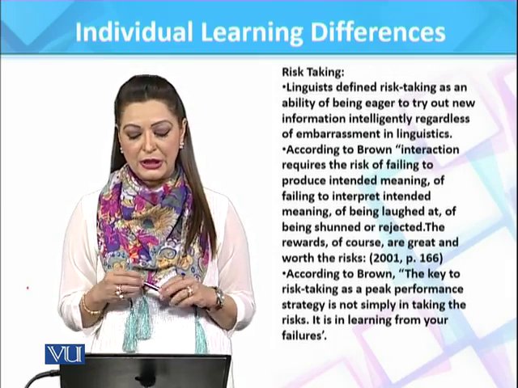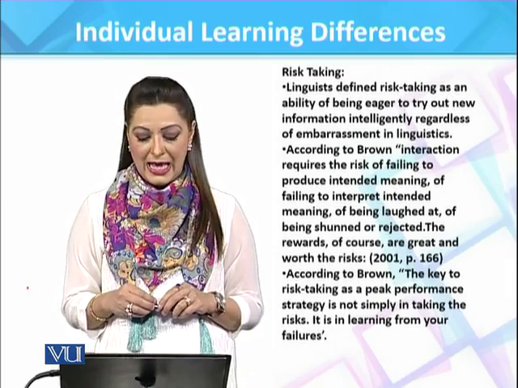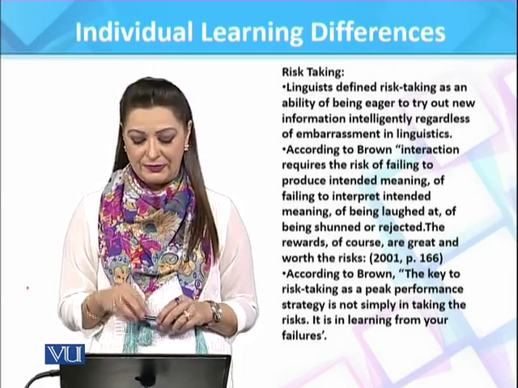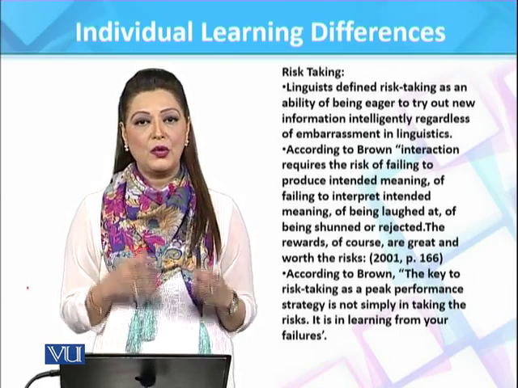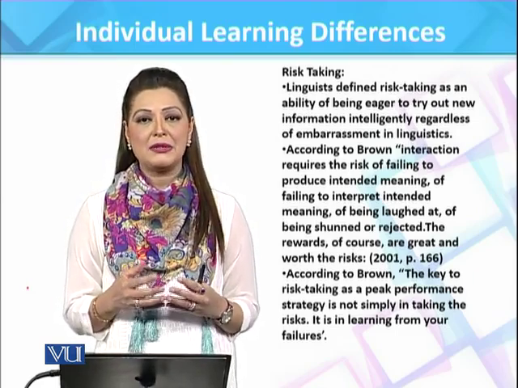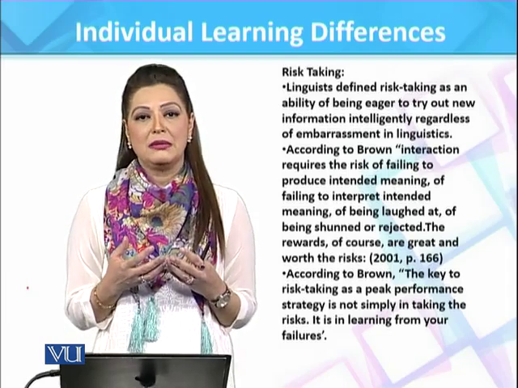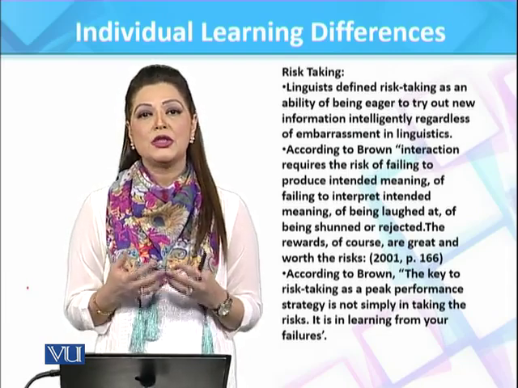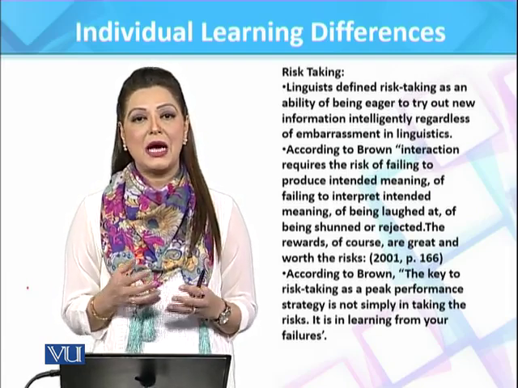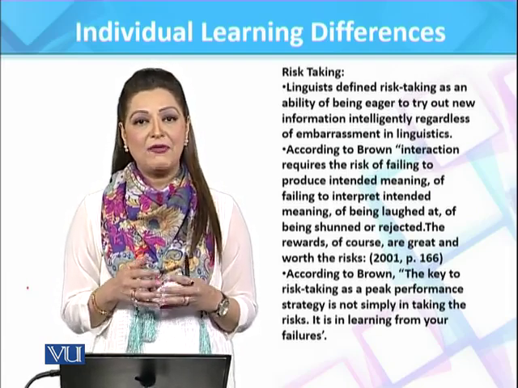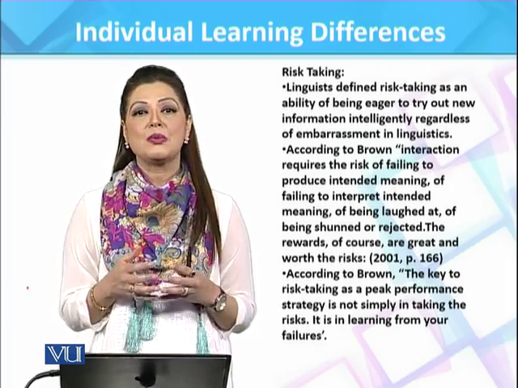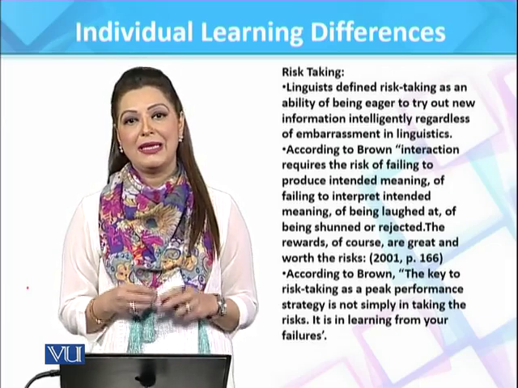According to Brown, the key to risk-taking as a peak performance strategy is not simply in taking the risk. It is learning from your own behavior. So with regard to risk-taking, it's not about how you motivate yourself to try out something new or challenging. It is that by taking a risk, even if you fail to come up with the desired outcome, you learn from that process.